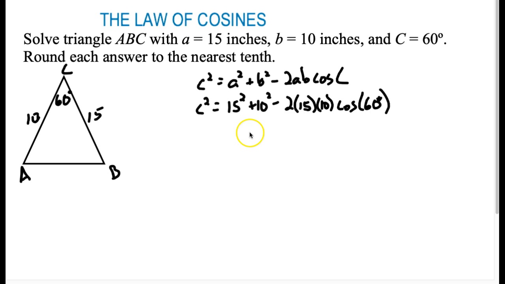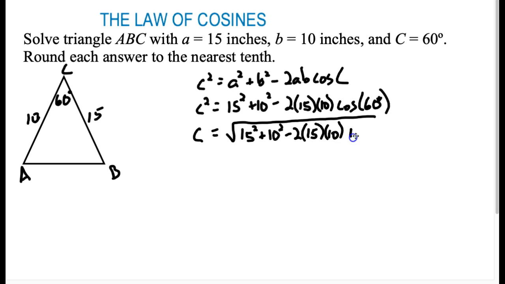All right. So we could actually go ahead and take the square root of both sides before we plug any of this into the calculator. And then we could put all of this in one line in the calculator. Square root of 15 squared plus 10 squared minus 2 times 15 times 10 times the cosine of 60. All right, so let's go ahead and plug that in the calculator.